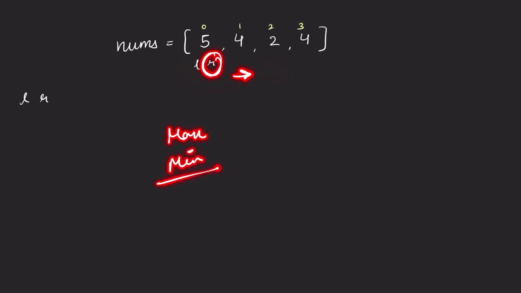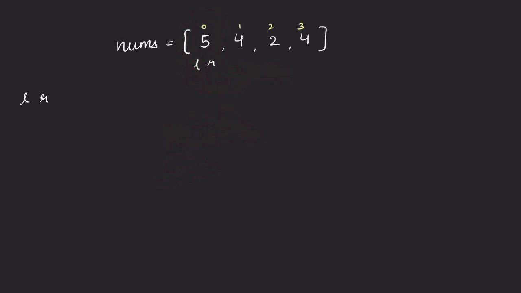If their difference is less than or equal to 2, then we'll just keep moving R forward. But if it becomes greater than 2, we will shrink our window by moving left forward. And since you would be moving left forward, if your maximum or minimum value was that particular left pointer itself, then your min and max should also be updated, right?